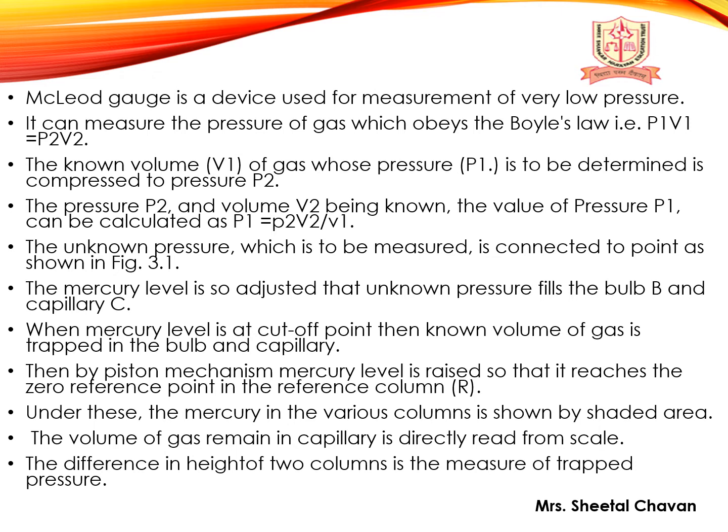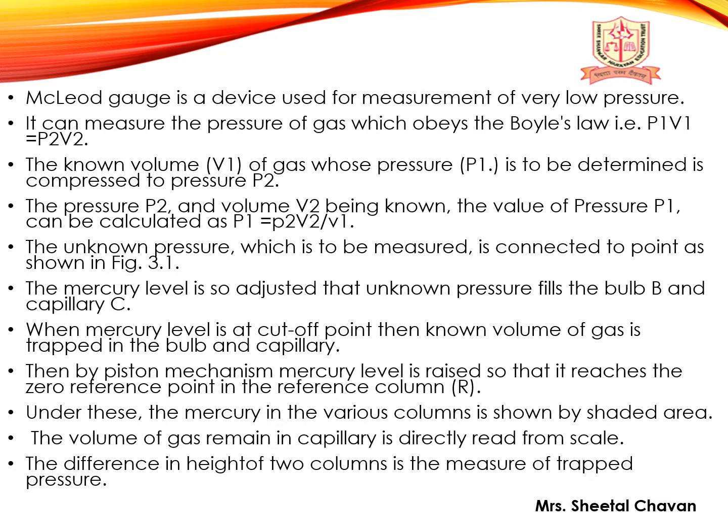The unknown pressure which is to be measured is connected to the point as shown in the figure. The mercury level is adjusted so that the unknown pressure fills the bulb B and the capillary C. When the mercury level is at the cutoff point, then a known volume of gas is trapped in the bulb and the capillary.